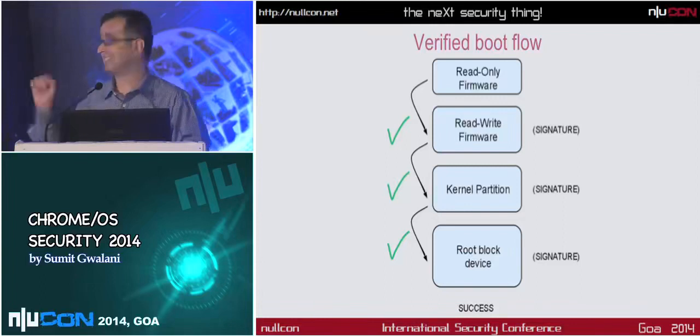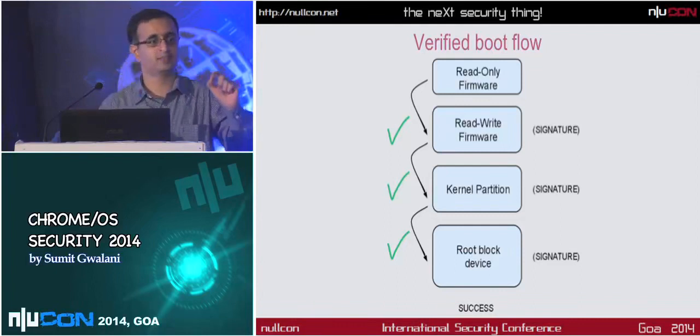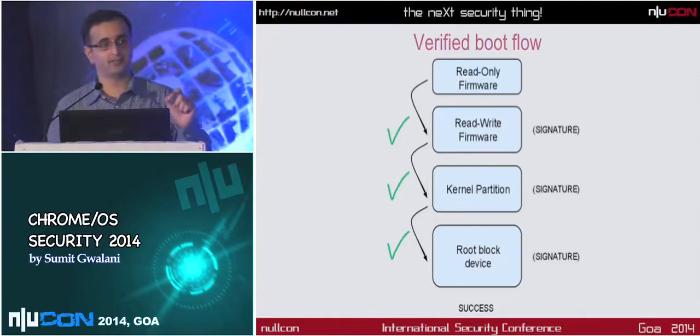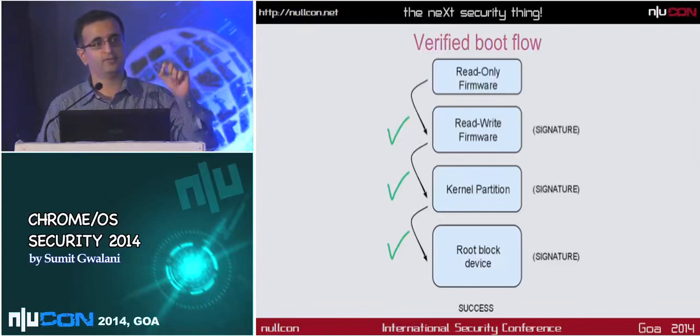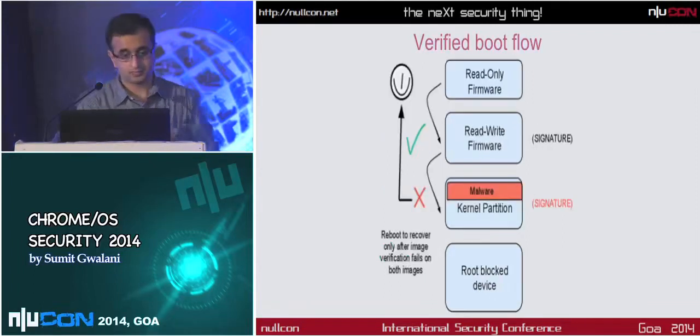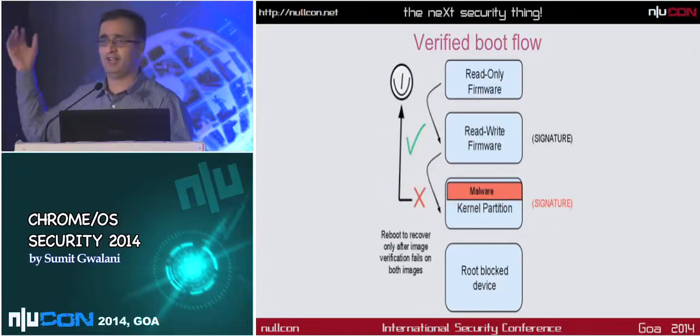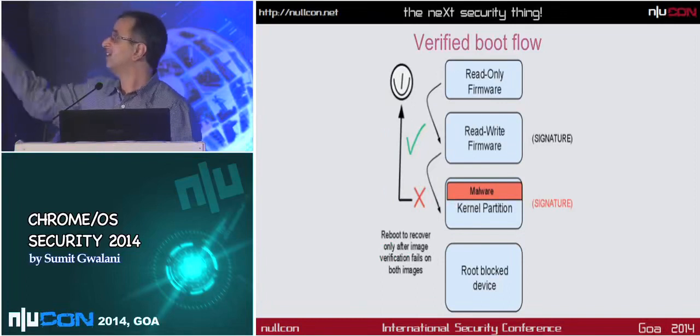What this guarantees is that on boot, we are checking every single bit of the operating system. Because you're checking every single bit before it is run, you can guarantee that even if there's malware, you can actually catch it. So say someone had actually gone and modified the kernel partition.